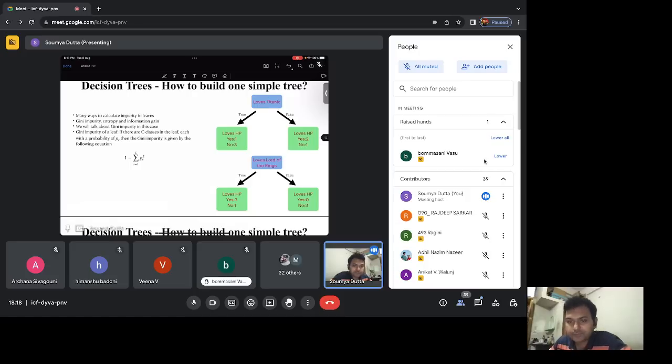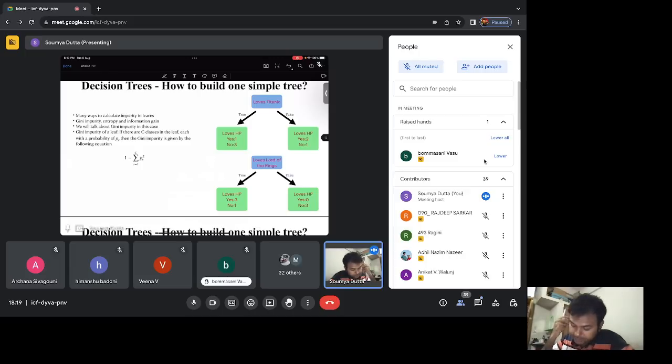Just for some variety, I am showing the other index which was mentioned in the lecture, which is the Gini index, and I would be showing that for this lecture. But of course Gini index and information gain, both of them can be used without any concern. Both of them will give you the same results.